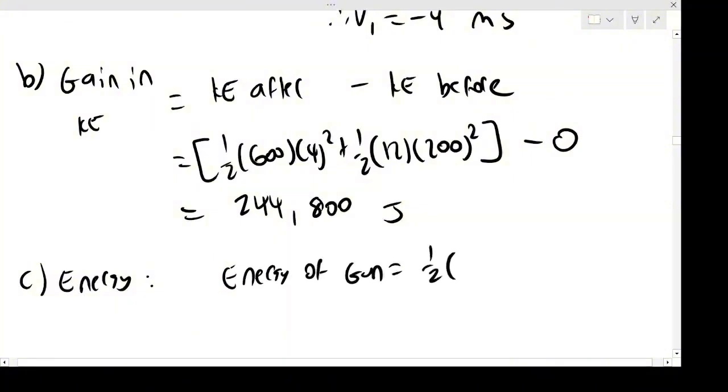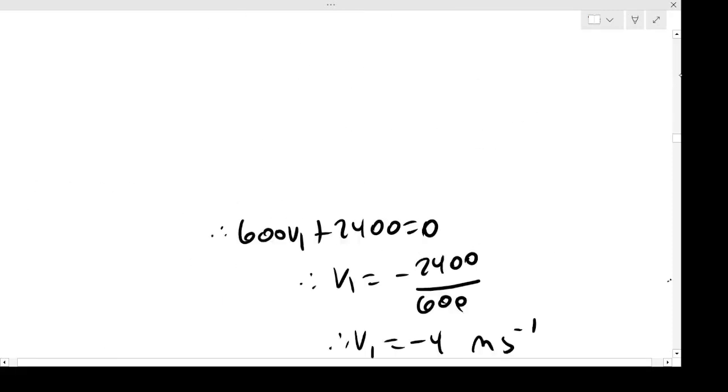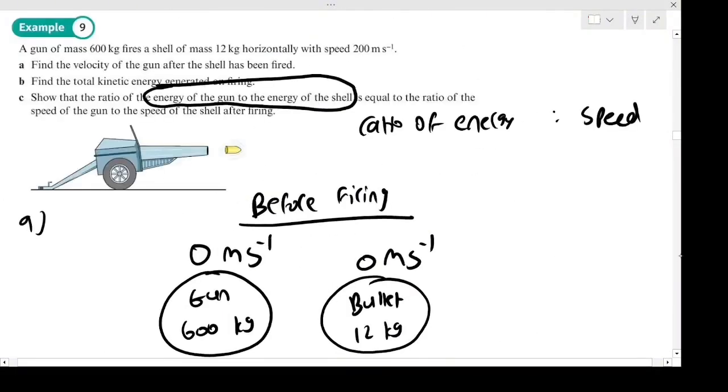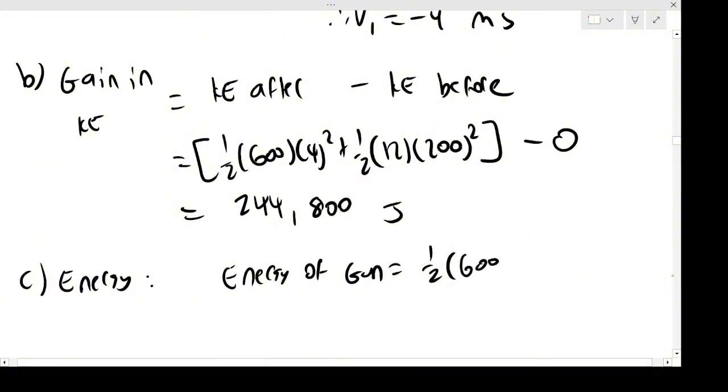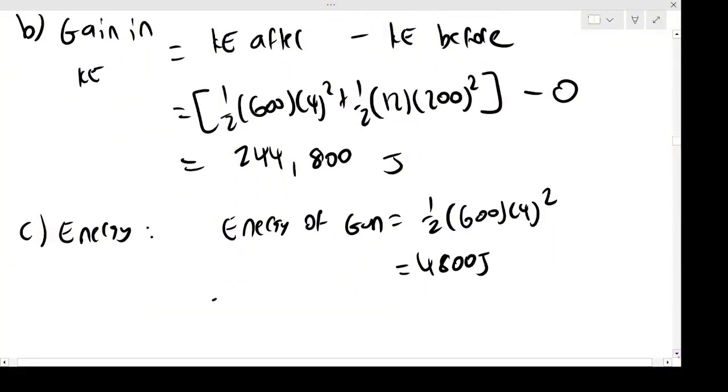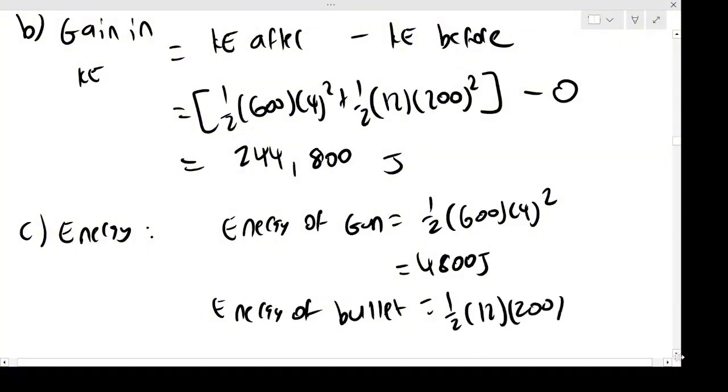So the energy of the gun, let's work it out step by step. That's going to be half times, now the mass of the gun was 600 and the speed was 4, squared. If we work out the kinetic energy of just the gun there, that's going to be 4,800. Likewise, the energy of the bullet, well, it's going to be half times the mass, which was 12, I believe, and the speed was 200, I believe.